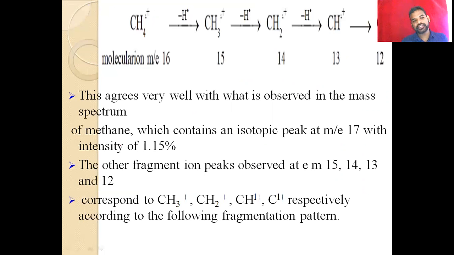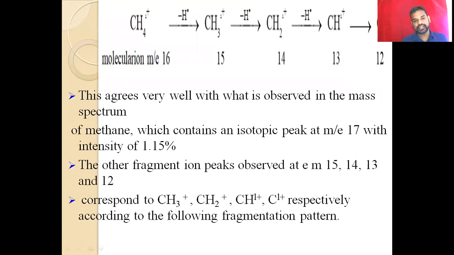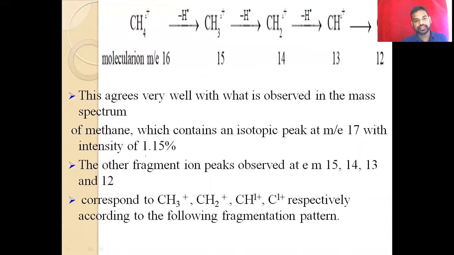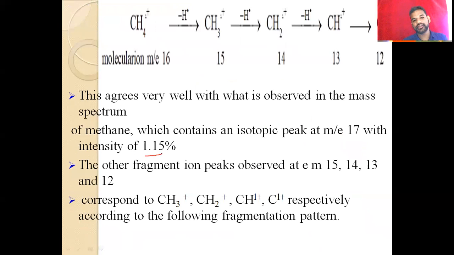That means the isotopic intensity is about 1.15%. Here in the spectrum, the intensity of the isotopic peak is also lower. So in the calculation we have very low intensity theoretically, and in the spectrum also. In both cases they match with each other, so we can easily say the given compound is methane.